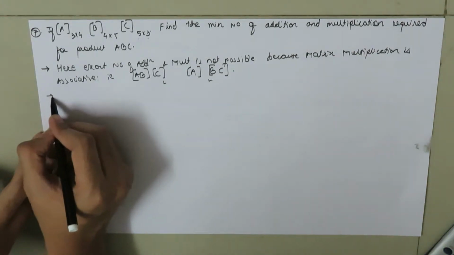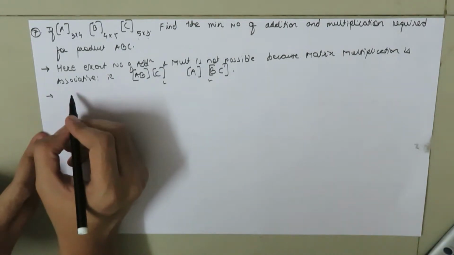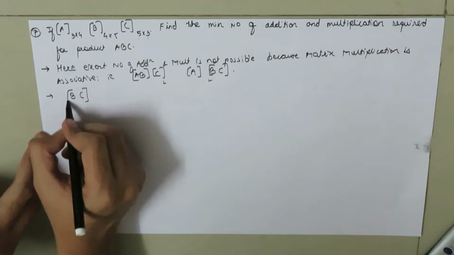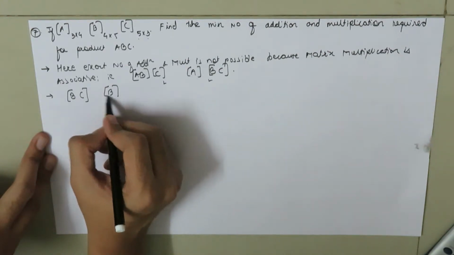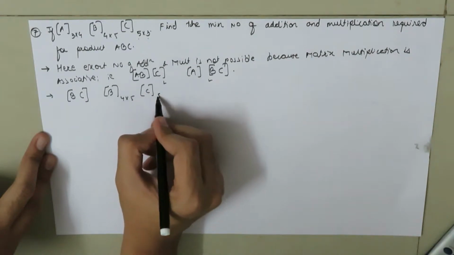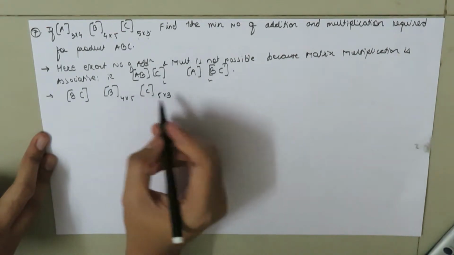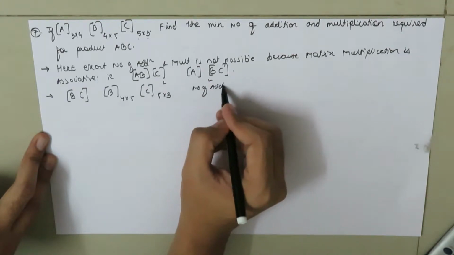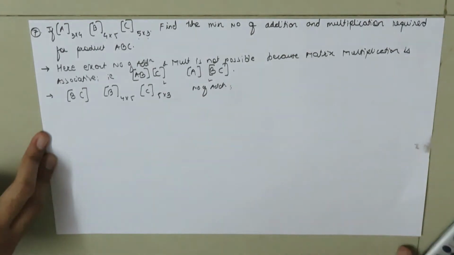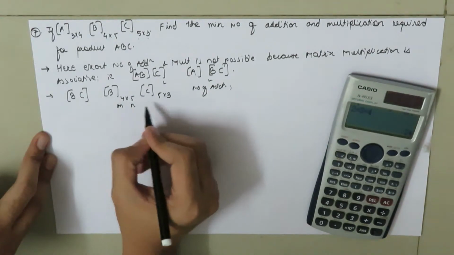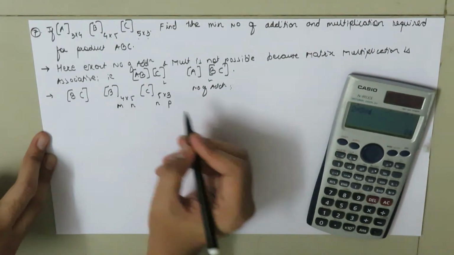So first we'll multiply BC. Matrix B has 4 rows and 5 columns, and matrix C has 5 rows and 3 columns. So for the number of additions, this will be our m, this will be our n, this is our n, and this is our p.